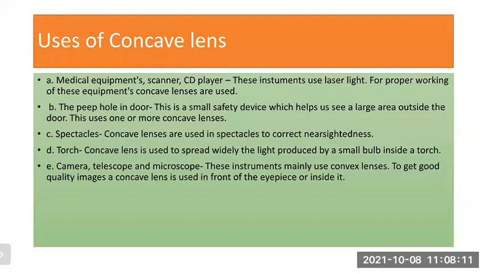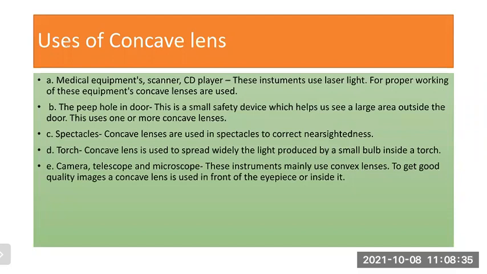Then third, that is the spectacles. And we have seen that the concave lenses are used in spectacles to correct the nearsightedness. Just now we have seen. So the concave lens has a negative focal length. So it is used in the spectacles. Then afterwards, torch.